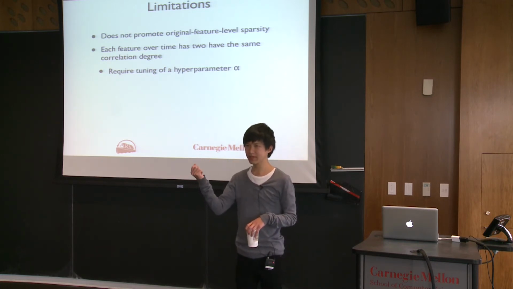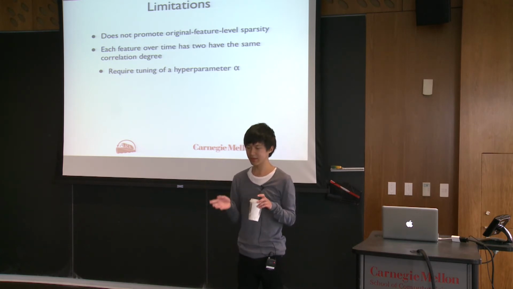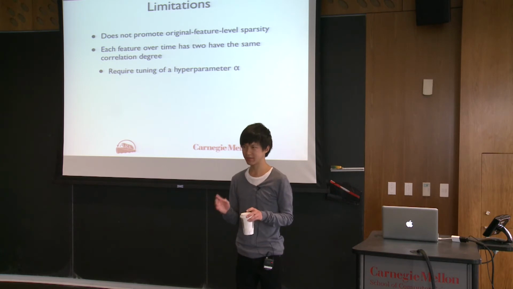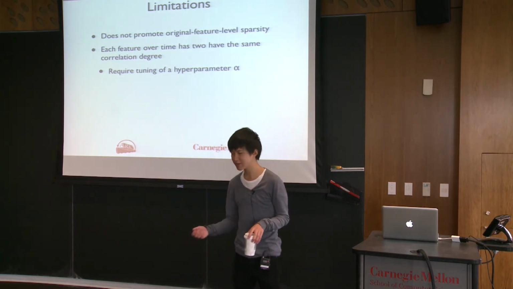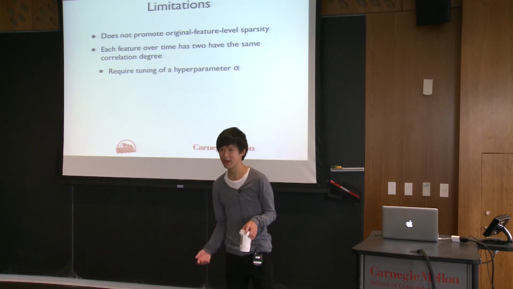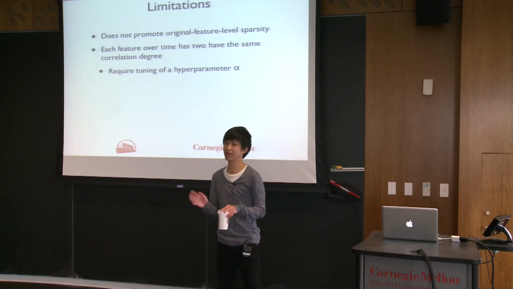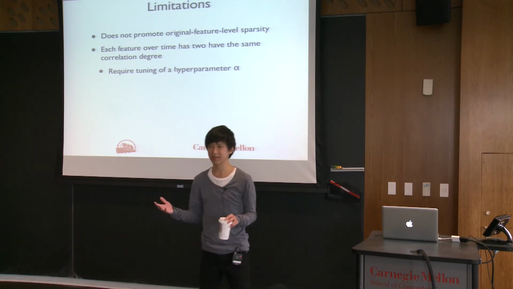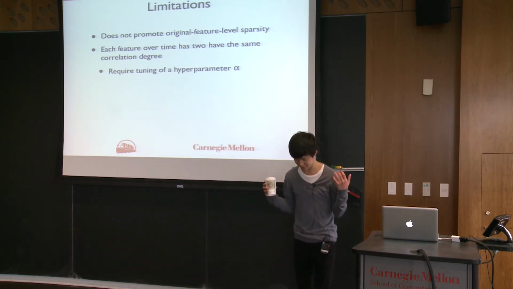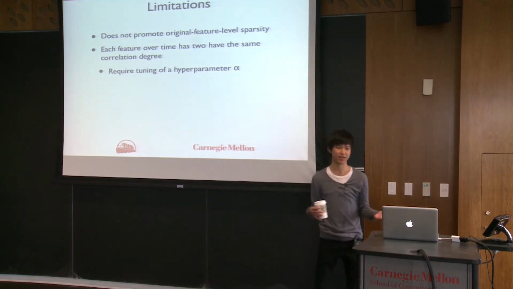We make copies of features for each time step, but we penalize them separately, independently. There is nothing that says they should all go to 0 together, or maybe they should not. Of course, we have the smoothness penalty, but that's pretty much all that governs. They don't push everything towards 0 together.